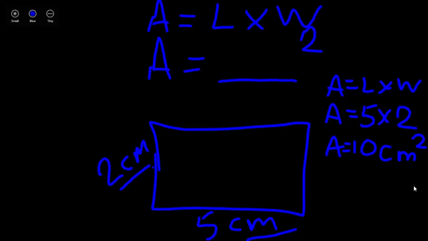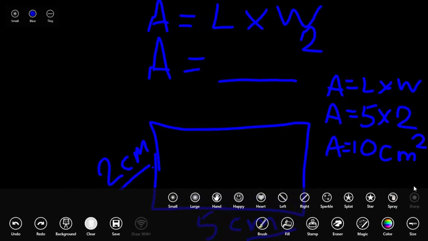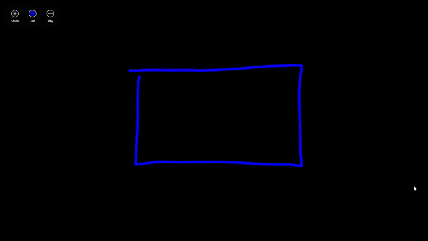Okay, now let's look at this figure again. The same figure. I'm just going to make it a little bit bigger. We said the bottom was 5 centimeters, or the length was 5 centimeters. The width was 2 centimeters. Now this problem was pretty simple to find the area of because we were already given the length and the width.